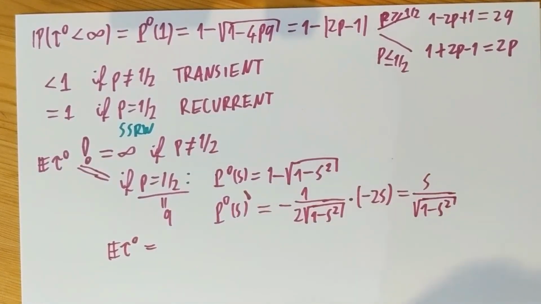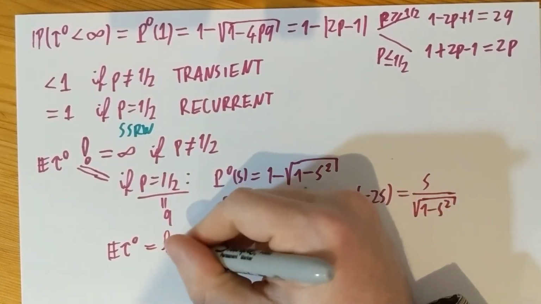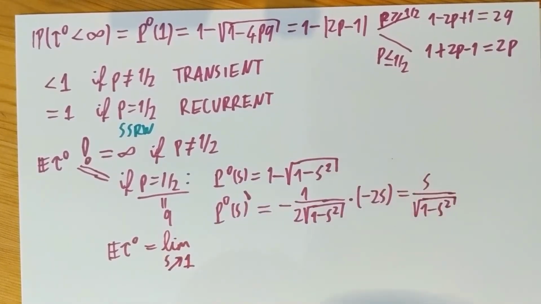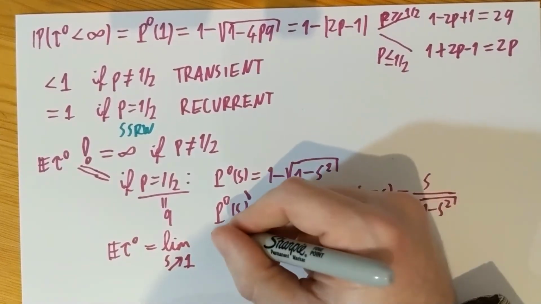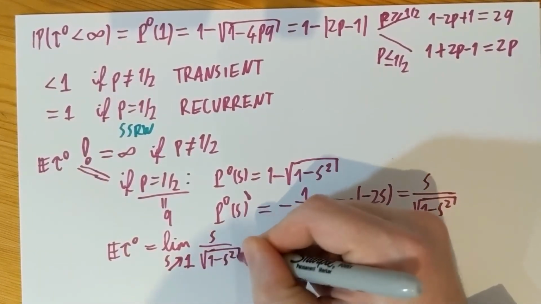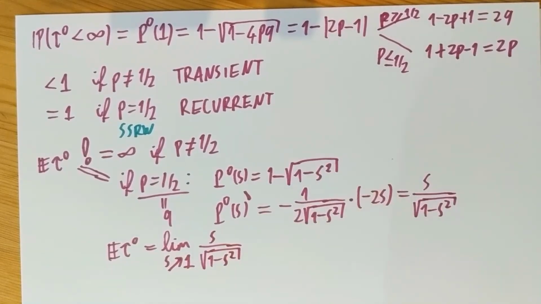Now there is a slight problem here. If I take s equals 1, then this thing doesn't make sense. So in fact, what I need to do is take a limit as s goes up to 1 from below, of s over square root of 1 minus s square. And the reason is that the generating function makes sense on the closed interval 0, 1. It still makes sense at 1.